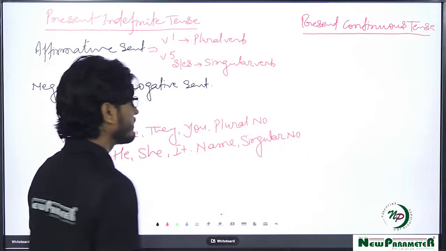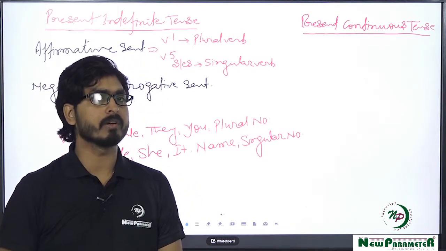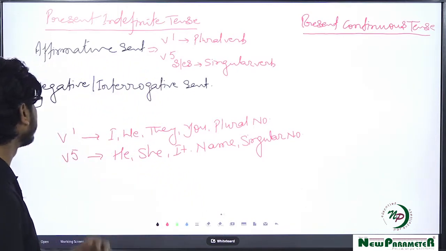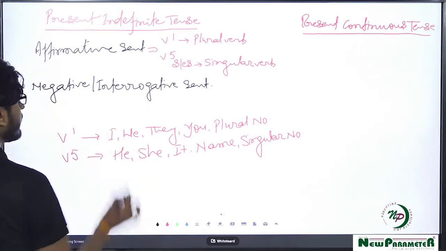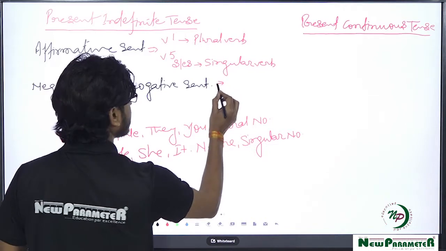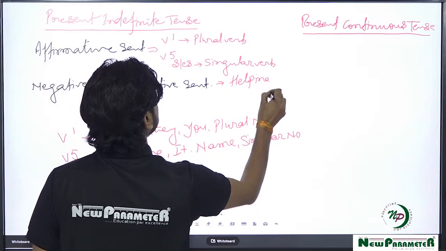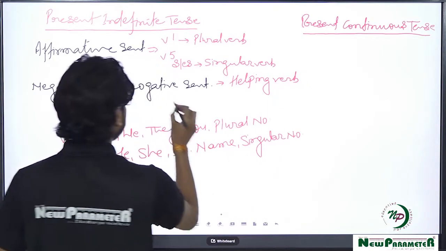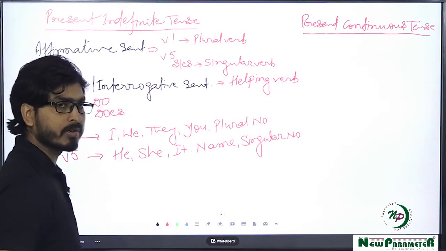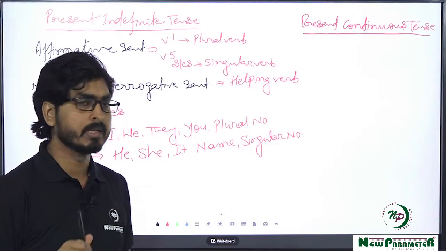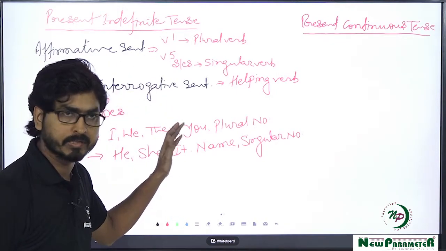It means what? Whenever we use any sentence in present indefinite tense and if it is affirmative, we go for two types of verb, that are V1 and V5. What happens in negative and interrogative sentence? Here we take the help of a helping verb. Helping verb, we use do and does. Whenever we use do and does, they are used only in negative and interrogative sentence.